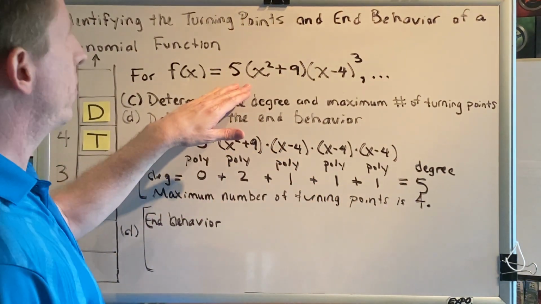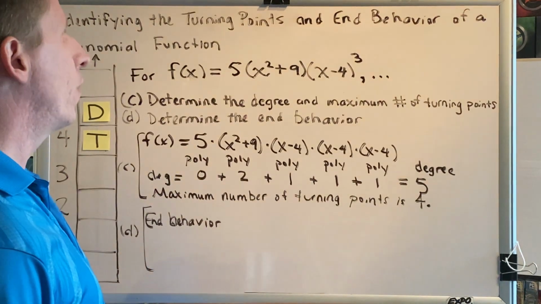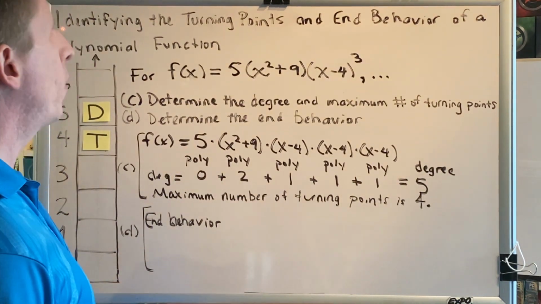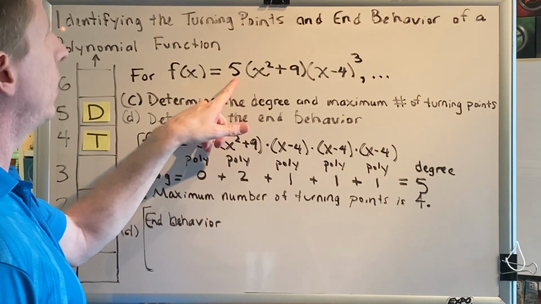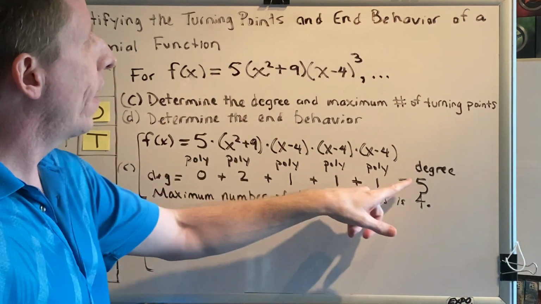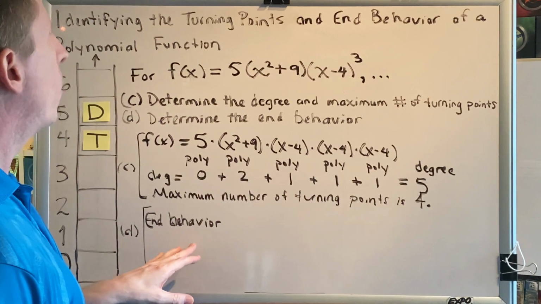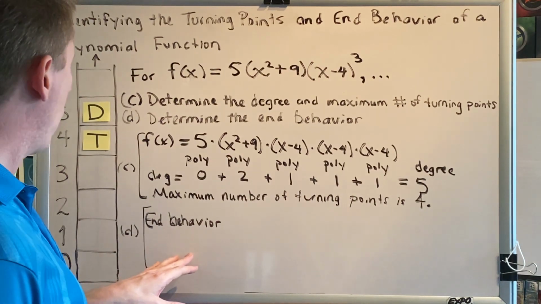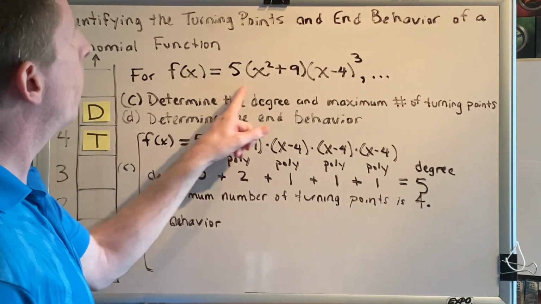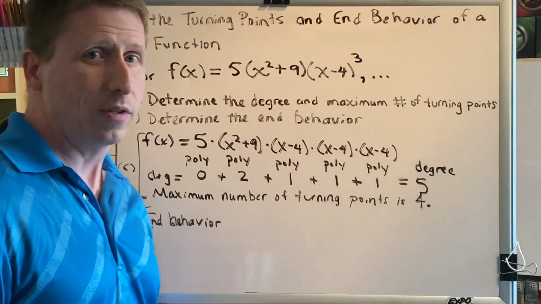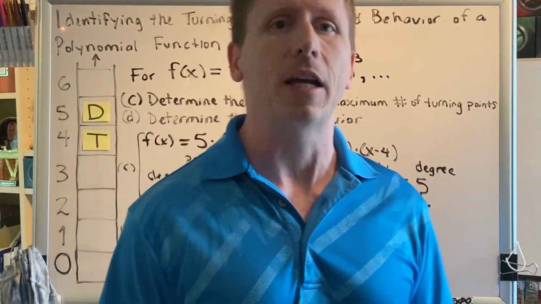If your polynomial is in factored form like it is for this problem, then the end behavior will be found by using the leading coefficient and a power of x equal to the degree of the polynomial. If, however, your polynomial is in standard form, the end behavior would be found by multiplying all of the factors and using the highest degree term, the leading term.